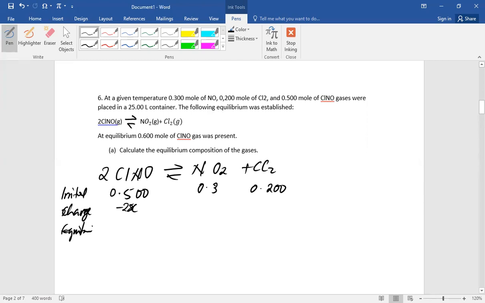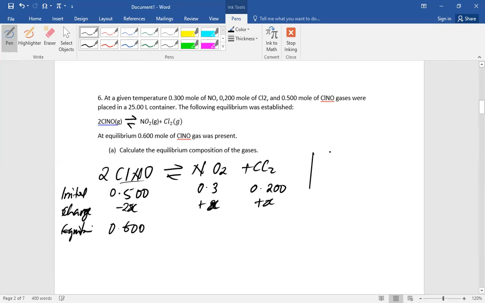Now the change here is going to be negative x. So there's a 2 there, it's going to be 2x. And the change for the product is always positive, so positive x, and this is positive x as well. One will have a 2, which is 2x. Now, the equilibrium concentration of this is given as 0.600 mole.